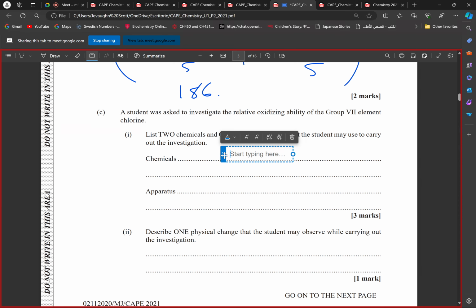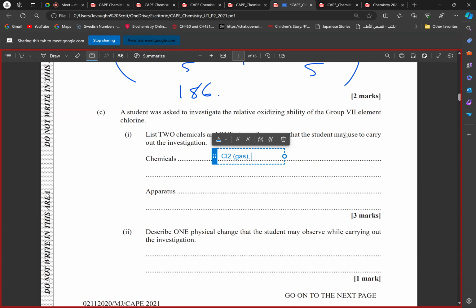Chlorine is a gas. What was the last mass for the previous question? 186. So chlorine gas and what other chemical? Potassium iodide you want to use?